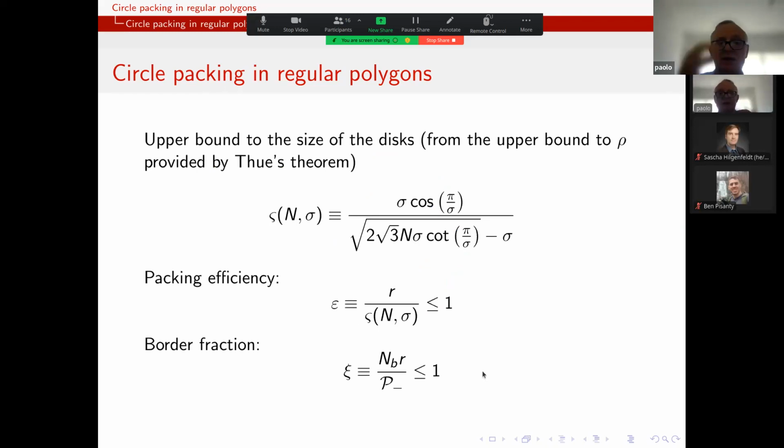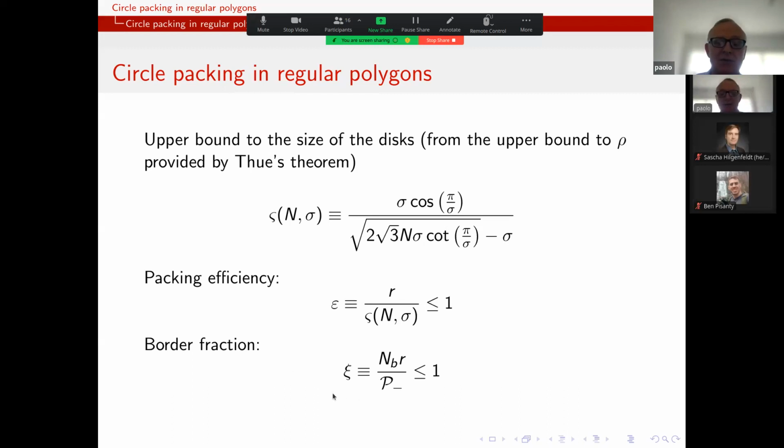So essentially, from Q's theorem, you can work out a very simple bound for the radius of the disk in terms of the number of disks itself and the number of sides. You can define what I call the packing efficiency, which is the ratio between the radius of the disk and the very maximum disk size allowed.